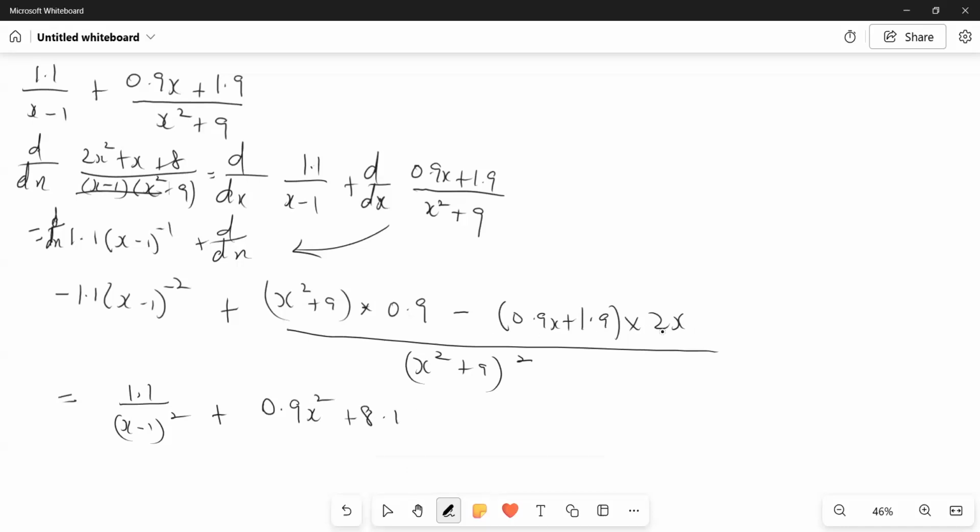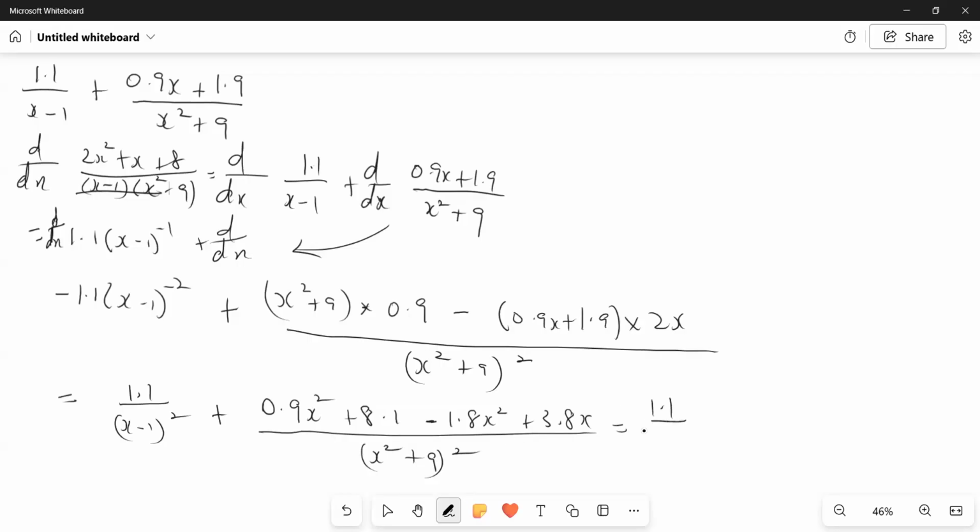Look here now. 2 by this, you'll get what? 0.9, 1.8. So you get minus 1.8x squared, okay? And 1.9 by 2 will give me what? 3.8. 3.8x, right? All of that over x squared plus 9 all squared, right?